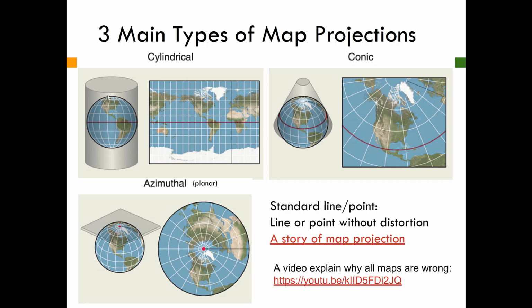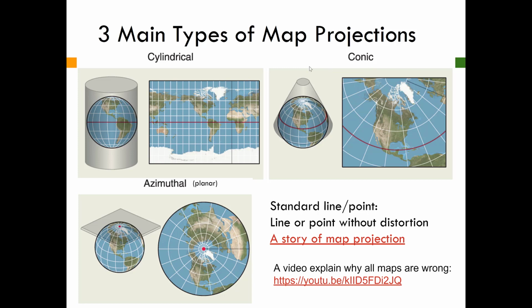You can cast the shadow on this cylinder. Then you cut it open like you open a burrito or something. You can flatten this cylinder to a rectangle. So voila, that's your map.